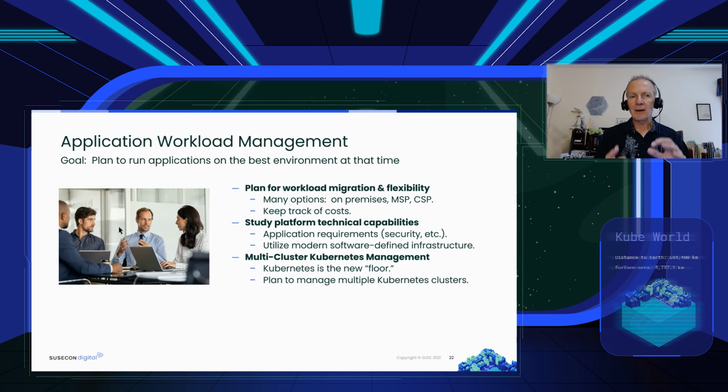And you'll see that having a uniform application environment with similar operating systems and similar Kubernetes and tools to manage that, and an automated approach through infrastructure as code, those are some of the real keys to developing a workload migration strategy. Because again, there are many choices around where a workload can run.